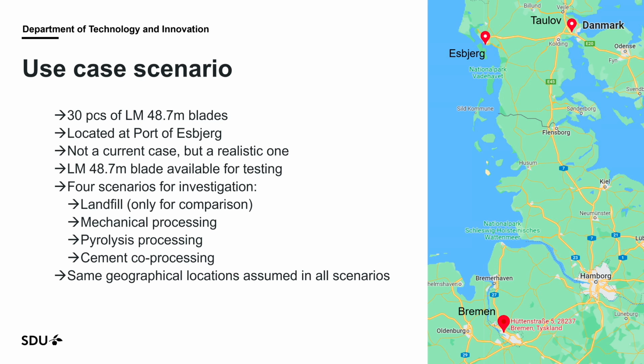Finally, just to clarify, we have assumed the same geographical locations for the end processing facilities. And again, that is not the actual case, we know that, but right now we don't have the facilities anywhere.